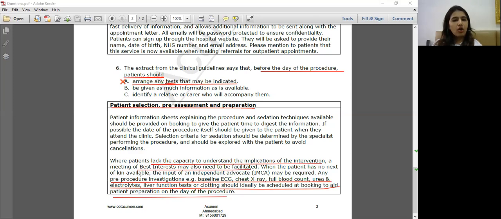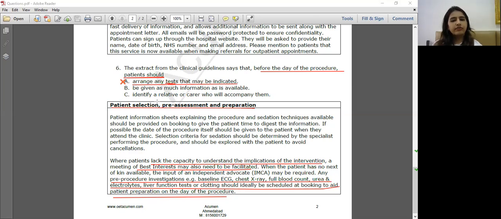When the patient has no next of kin available, the input of an independent advocate may be required. But it's not about accompanying them, is it? It's more about explaining the procedure and its implications. So C can be ruled out in that way.